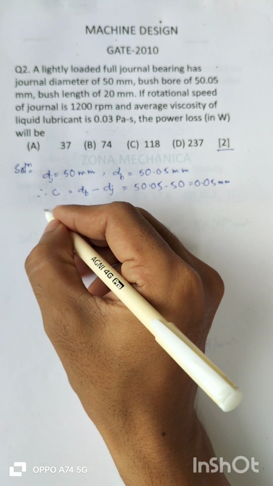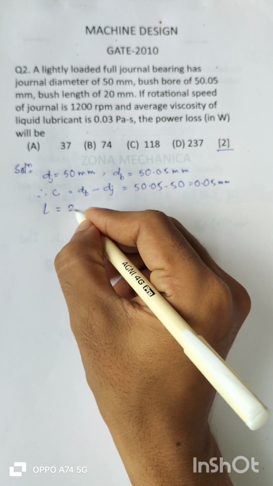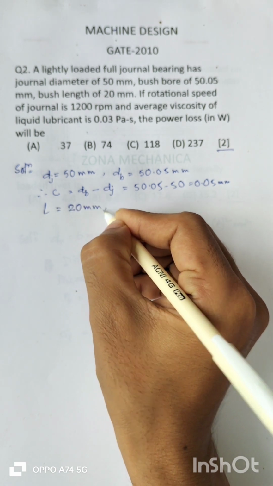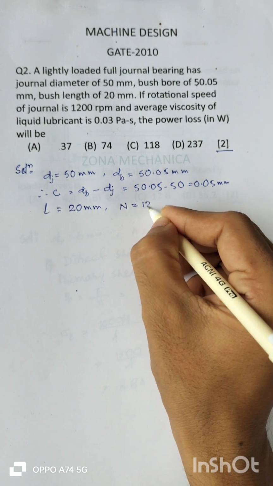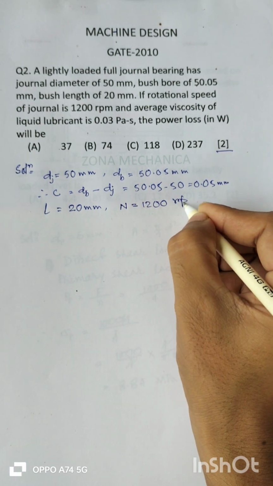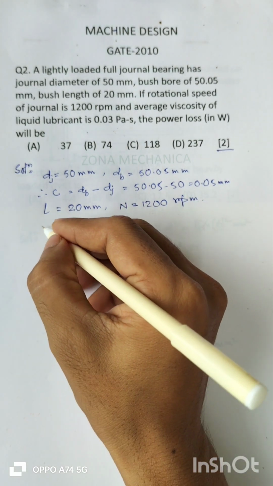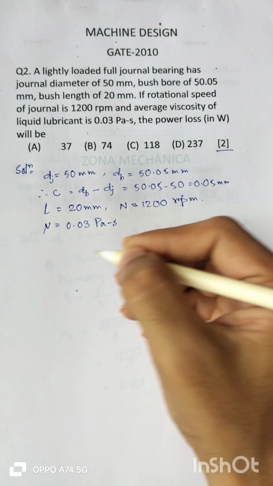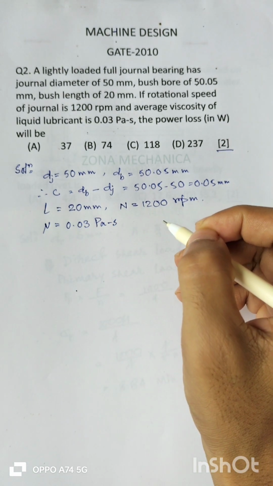The length of the bush L is 20 mm. Rotational speed N is equal to 1200 rpm, and the viscosity mu is 0.03 Pascal seconds.